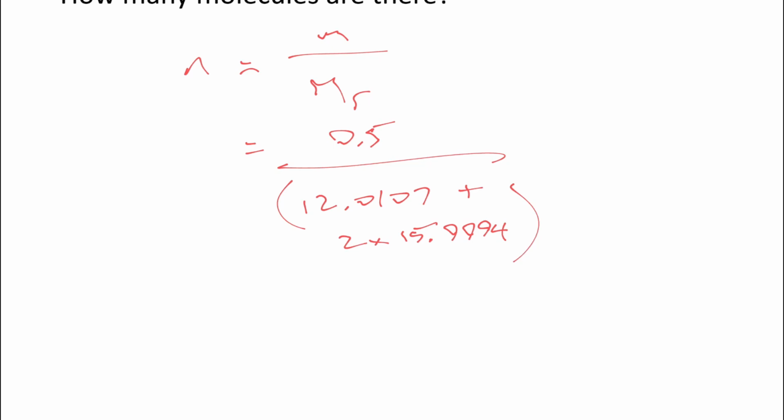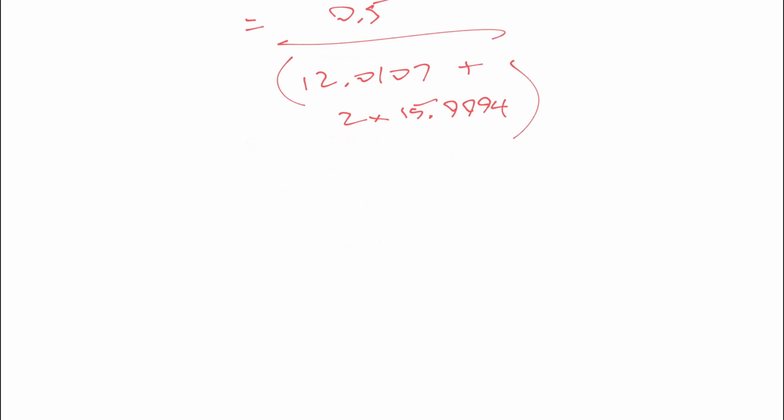Anyway, we now have 0.5 divided by 44.0095, and that will give us the number of moles of CO2 to be equal to 0.1136118338 mole. Okay, the symbol for mole is mol, M-O-L.